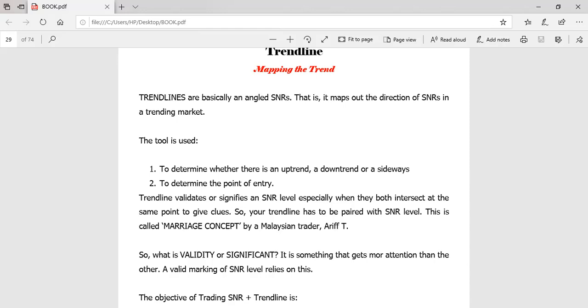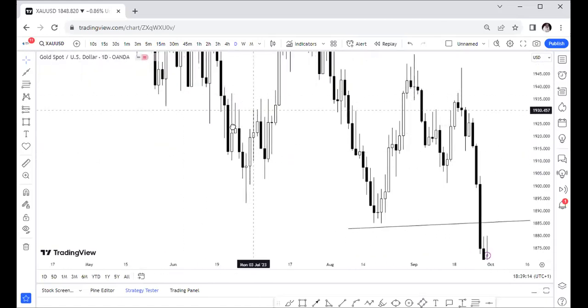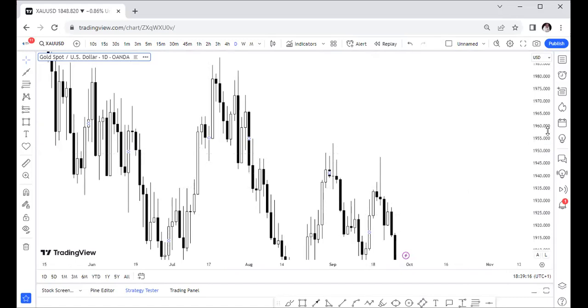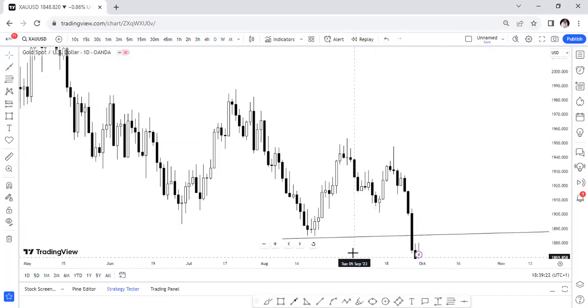Then the second point is that we use it to determine the point of entry, like I've shown you, whether the price is in a downtrend or in an uptrend. So we use it to determine that.